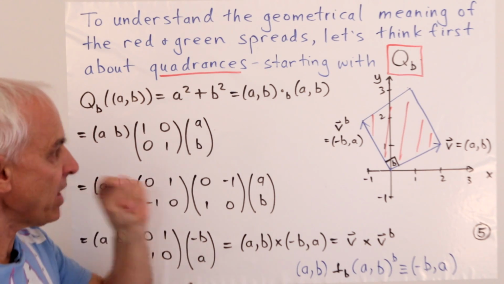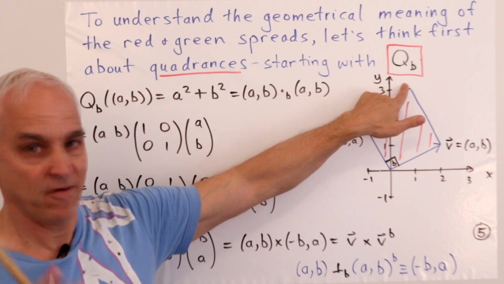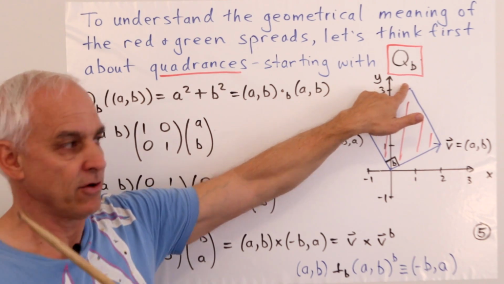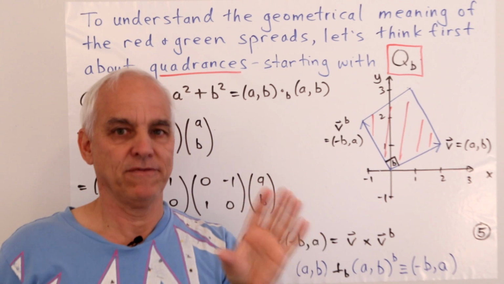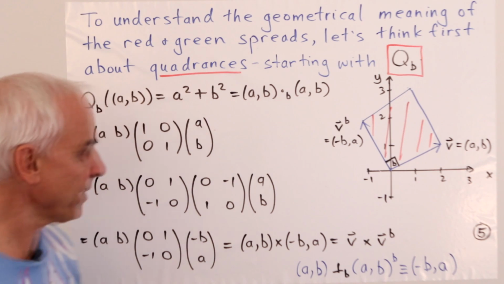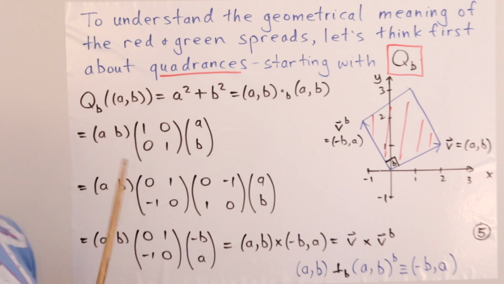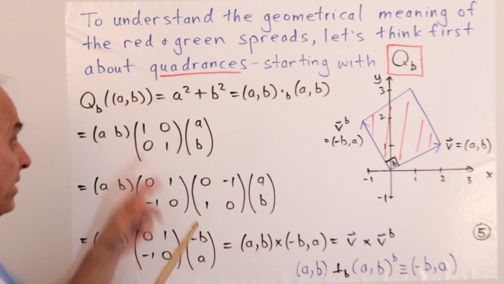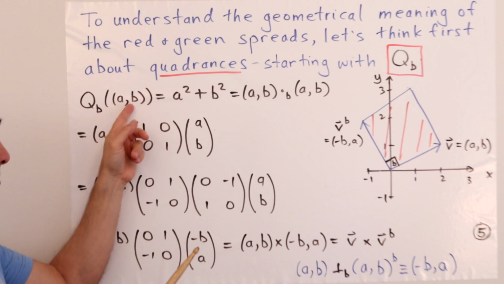And to do that, let's actually go back to our basic blue quadrance. This is the familiar Euclidean quadrance. And just let's think about that from a linear algebraic point of view in a particular way, perhaps a bit of a novel way. So let's look at this quadrance, Q sub b, and here's our vector AB. And I hope you appreciate that this B here is not the same as that B. That B stands for blue, and that B is just AB.